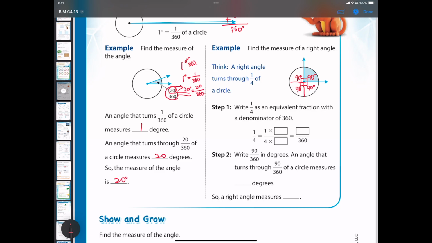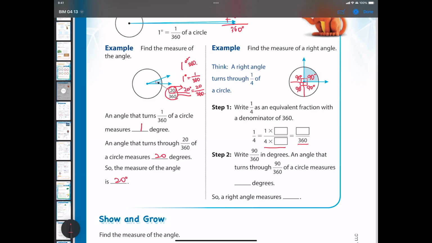All right, step 1. Write 1/4 as an equivalent fraction with a denominator of 360. So 1/4 is equal to what? We are going to use an equivalent fraction. 4 times what is going to make 360?